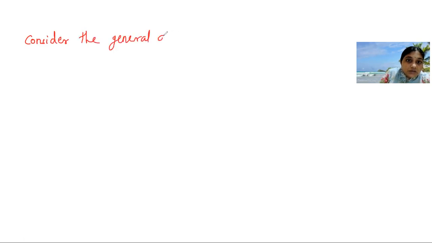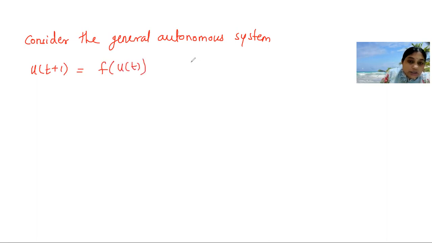So now consider the general autonomous system given by u at t plus 1 is equal to f of u t, where t is equal to 0, 1, 2, and so on.